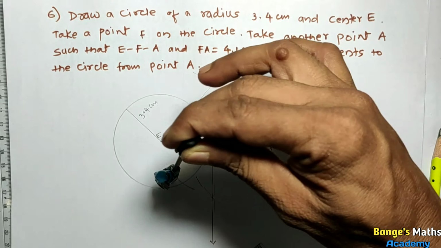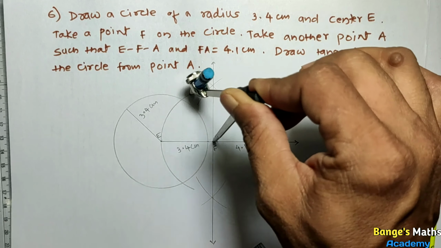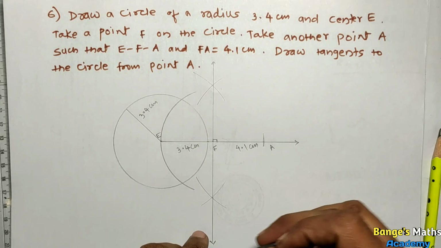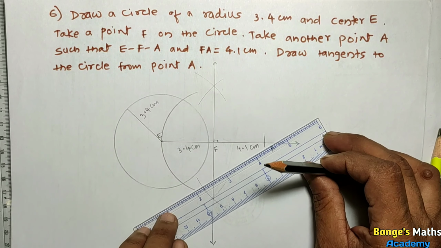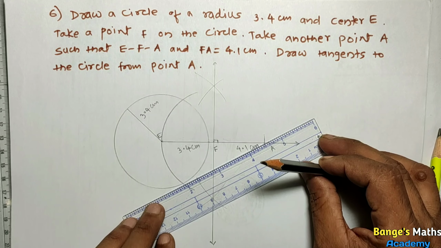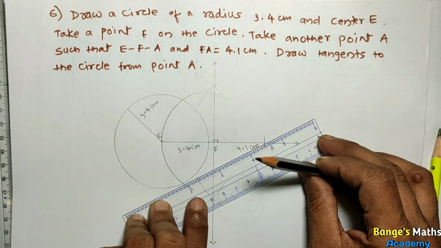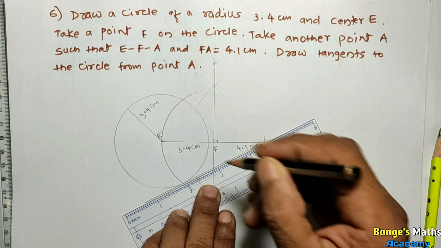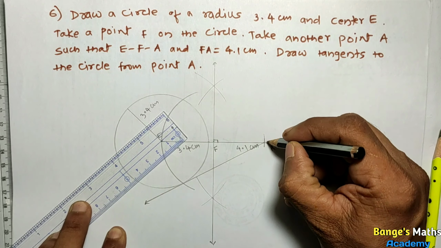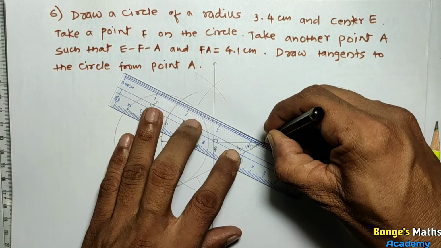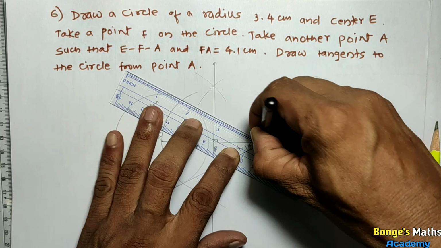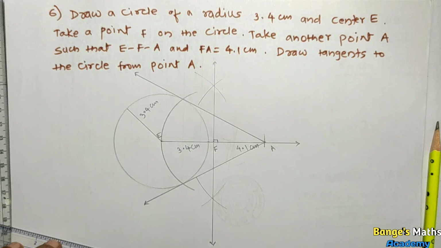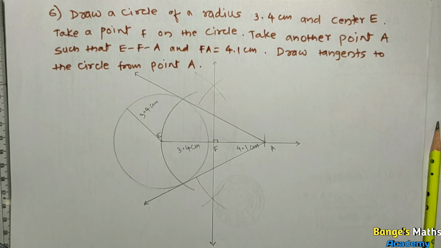Draw intersecting arc to circle and draw tangent through point A. We draw tangent to the circle through point A.